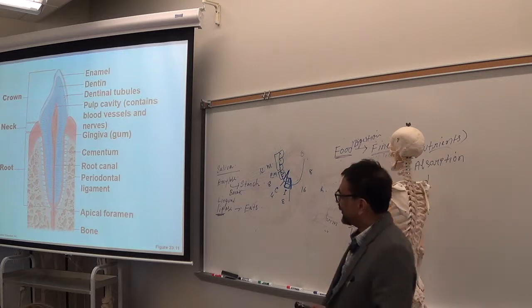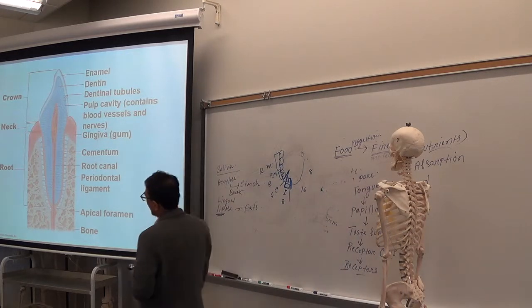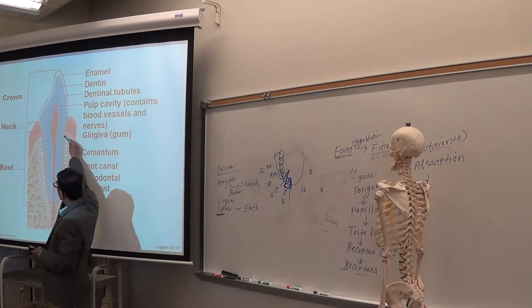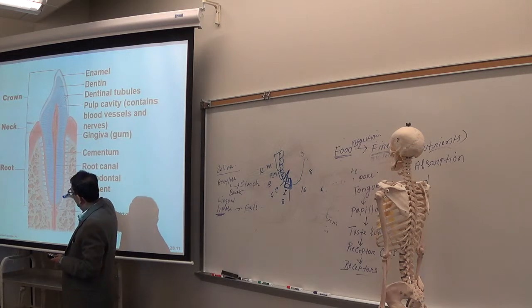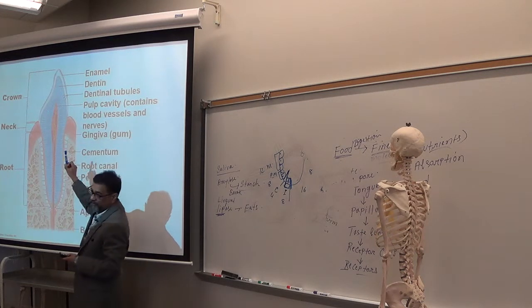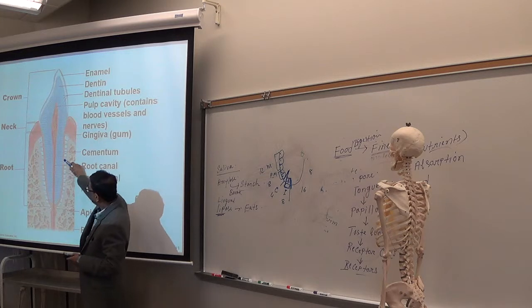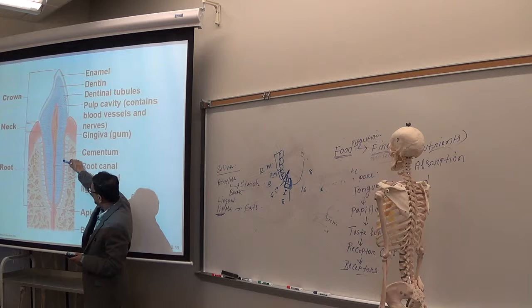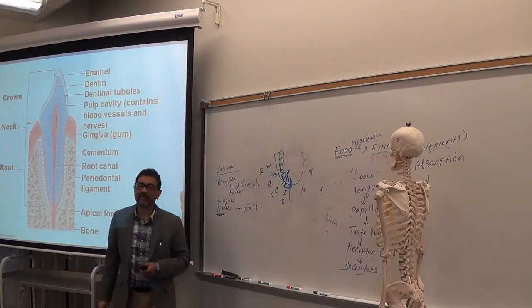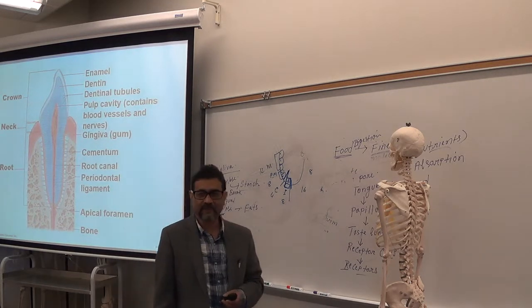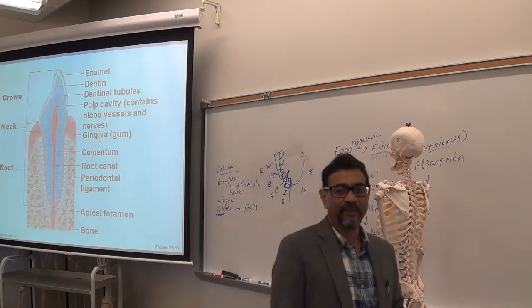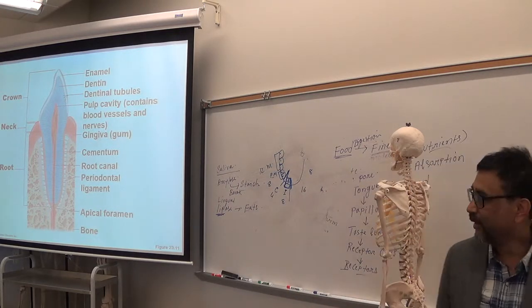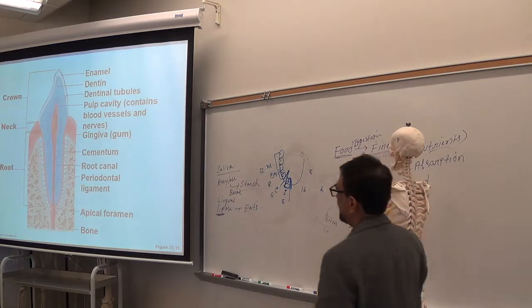Now let's see the root part. Here, you see no enamel in the root, but you have a layer instead of enamel, that is called cementum. Then you have dentin, which is everywhere, and then the root canal.